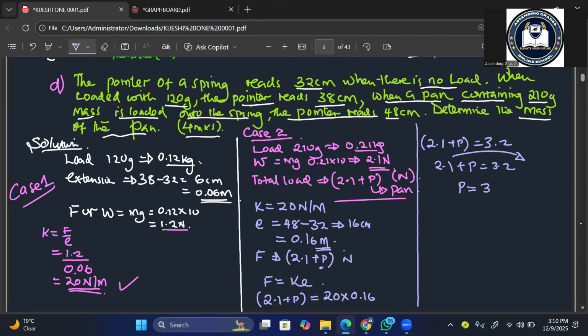So it is 3.2 minus 2.1. You get 1.1 Newton. But the question was asking about the mass of the pan. So mass can be given by the weight over g. So 1.1 divided by 10, you get 0.11 kg. And this one is equivalent to 110 grams.